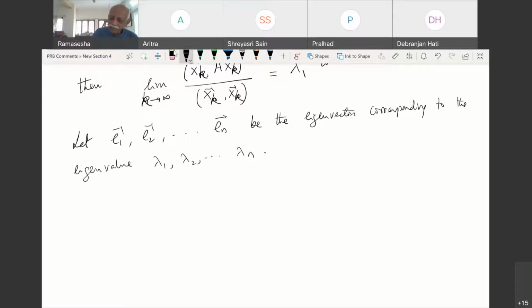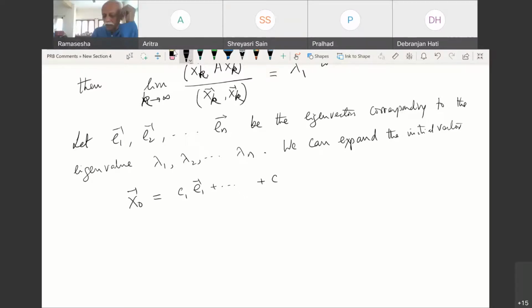See, this is all for Hermitian matrices. Please remember, because when lambdas are complex, you can't compare two complex numbers. Only real numbers can be compared, and real eigenvalues are guaranteed only for Hermitian matrices. We can expand the initial vector x_0 as C1 E1 plus and so on up to Cn En.